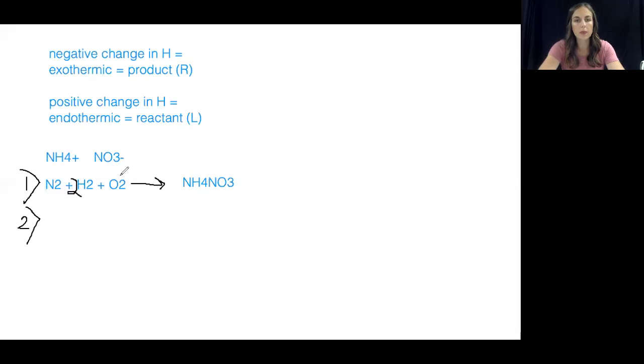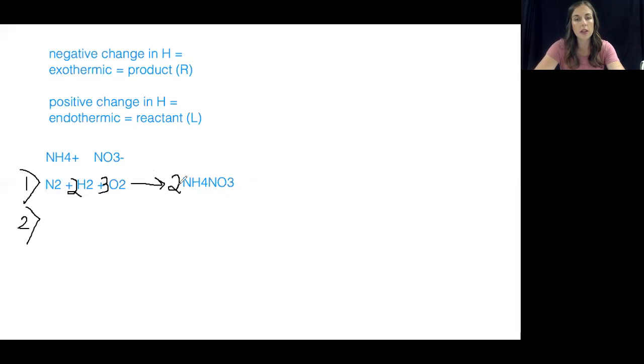Now I have 4. Well, I have 2 oxygens here and 3 oxygens here. So I'm going to have to multiply this by 2 and this by 3 because I don't have a common multiple there. So now I have 6 and 6. But this 2 affected nitrogens and hydrogens.